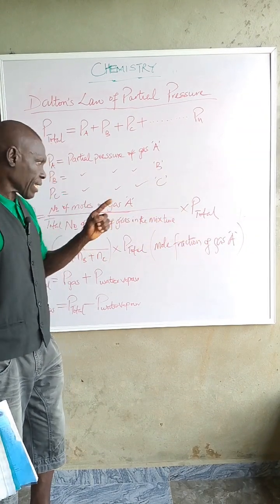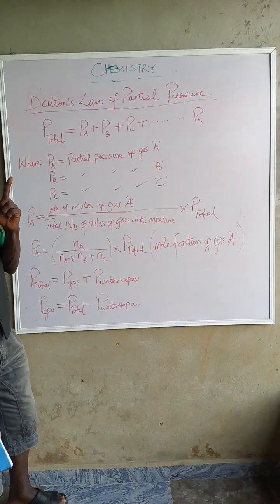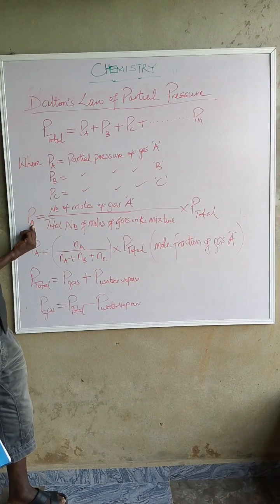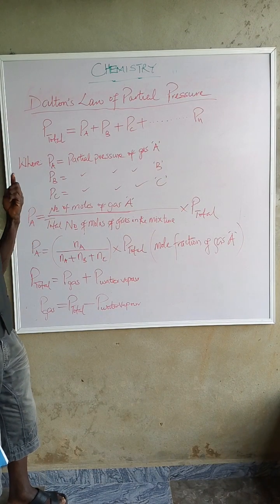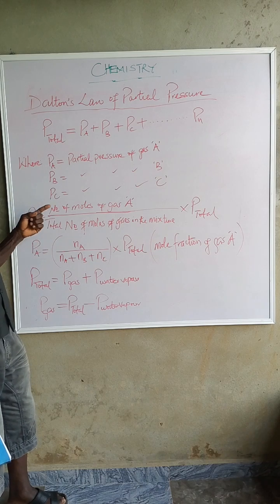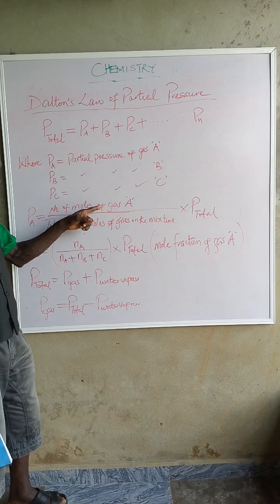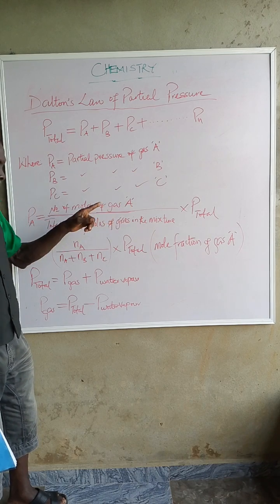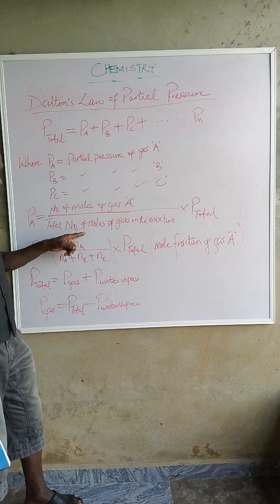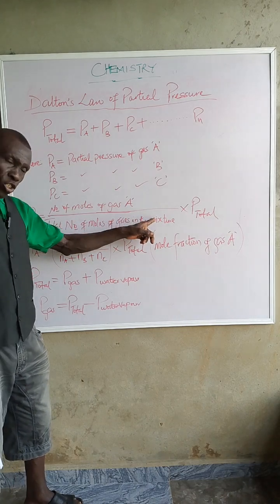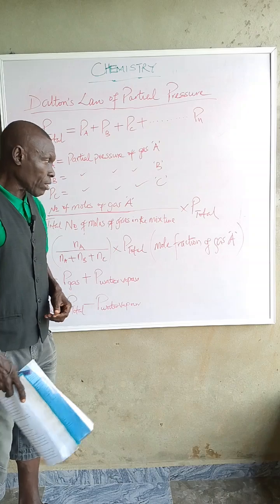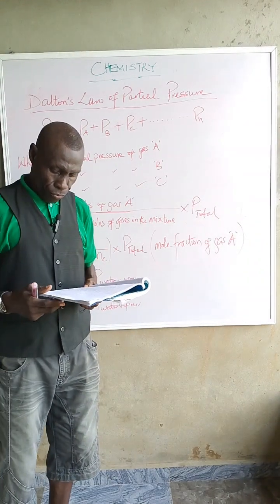Let's take A now. So the partial pressure of A will be equal to the number of moles of gas A over the total number of moles of the gases in the mixture, times total pressure.